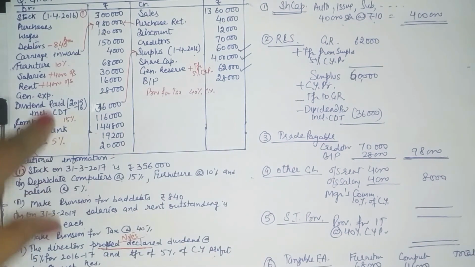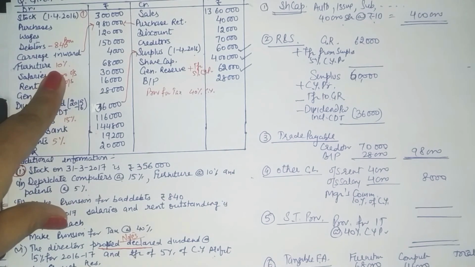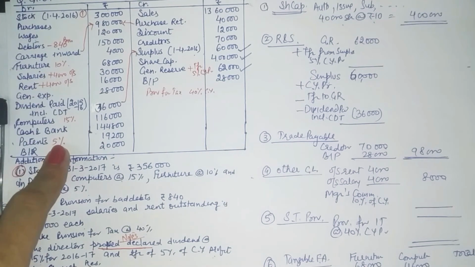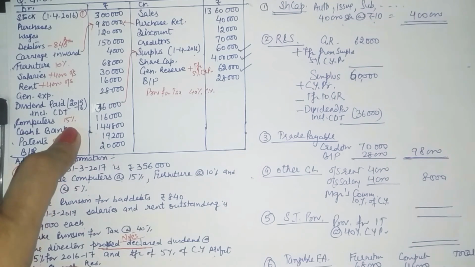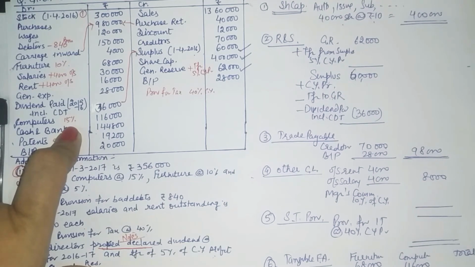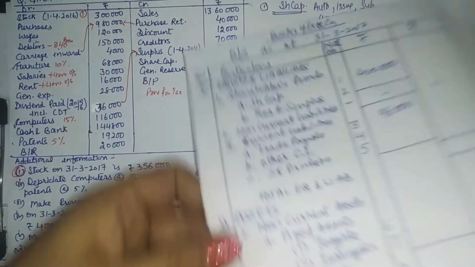Now we know the adjustment alongside: furniture 10% depreciation and computers 15% depreciation. Alright, so you have got 17,400, that means the balance is 61,200 and 98,600. So the total of these tangible assets will be 1,59,800. So this will be recorded here.